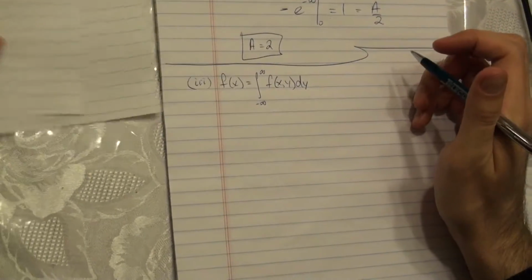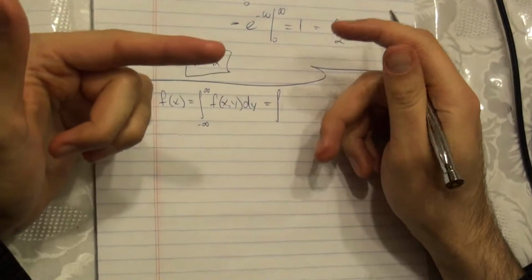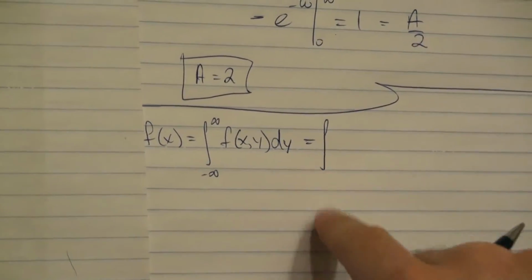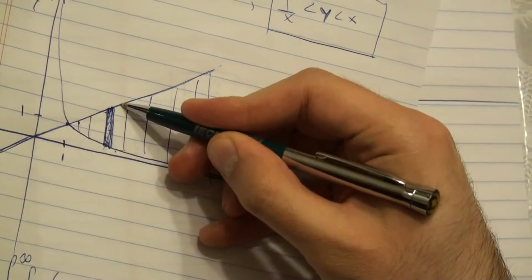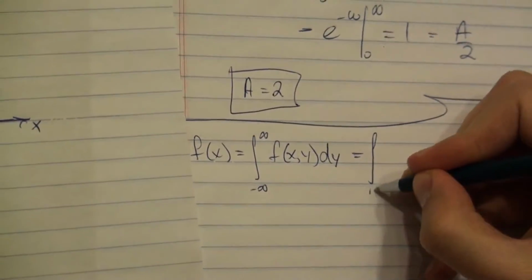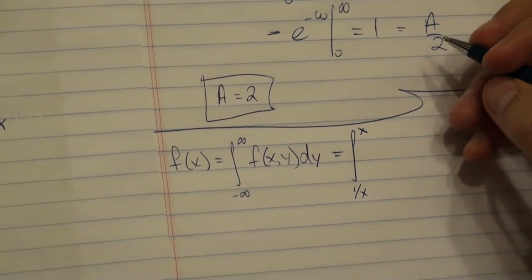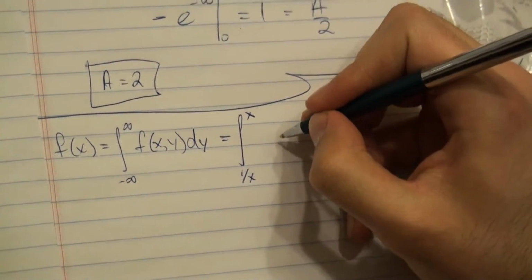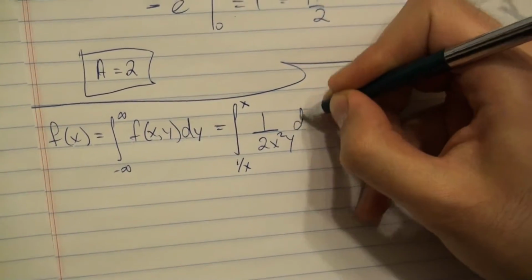So this is the general formula, but when we put it for our specific problem, for every point in x, we want to integrate out the y. Well, y goes from 1 over x to x. And we just put in our probability density function. So that's going to be 1 over 2x squared y dy.